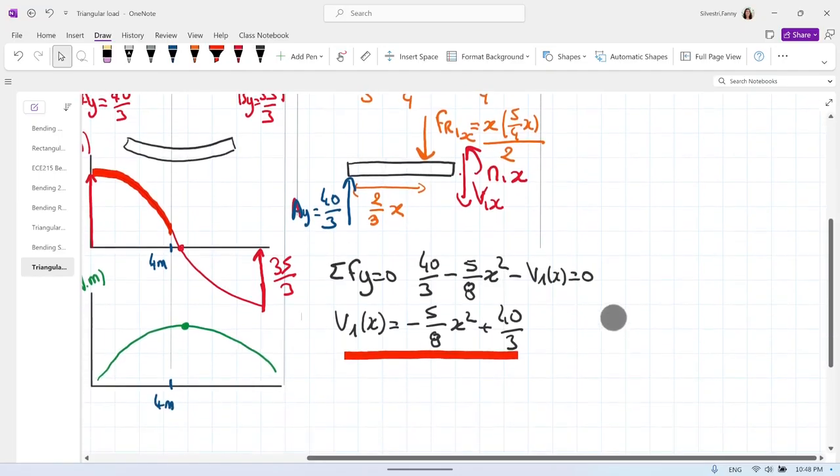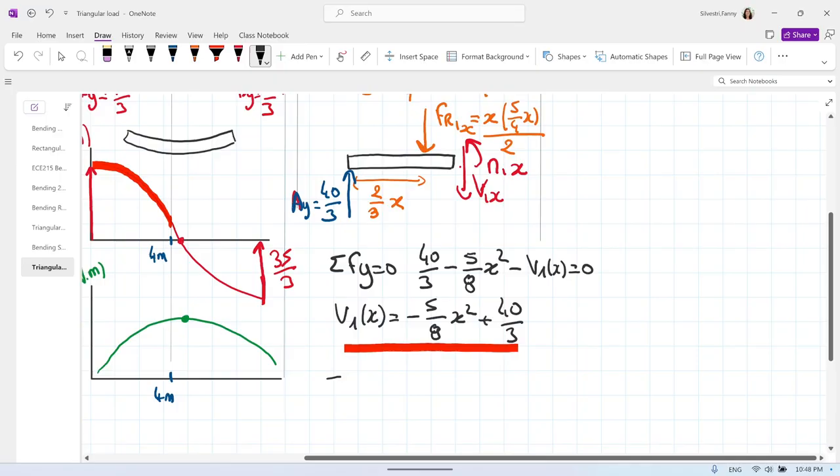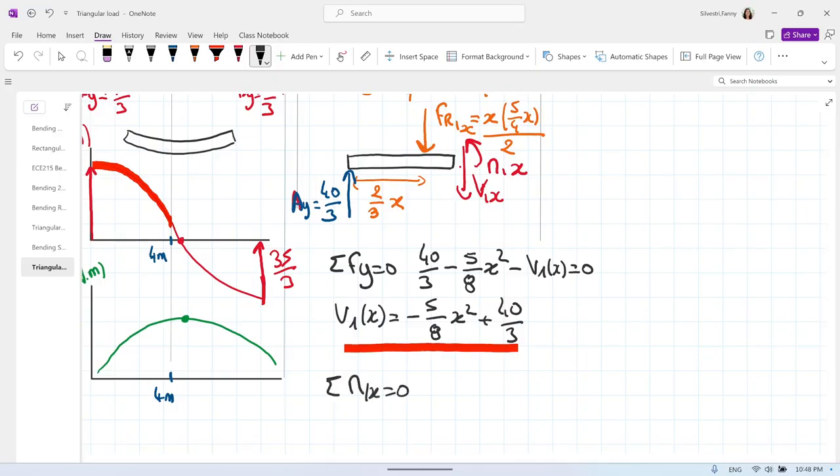Now we can use the same free body diagram to find the moment. Sum of the moments about x equals 0 gives us, we also need that full distance, this is x. So we have minus 40/3 times the distance x, plus FR1 of x, that is 5/8 of x squared. This is the force times the distance, which is 1/3 of x.